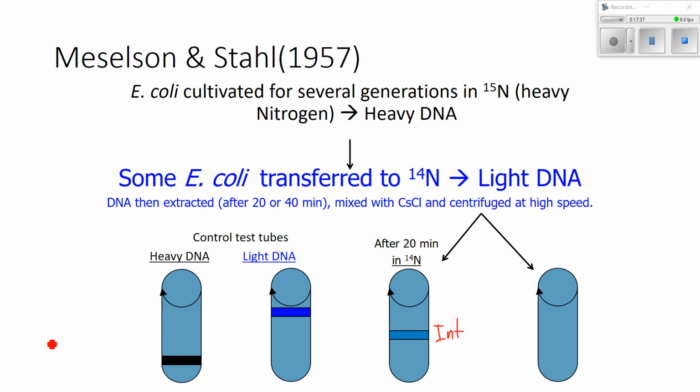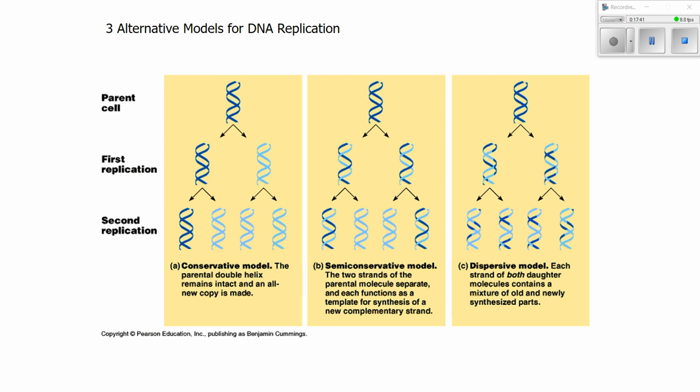Well, let's look at the picture again. Let's go back. Bear with me here. If the conservative model was correct, then half of the DNA should be heavy and should go to the bottom of the test tube. And half of the DNA should be light, and it should go to the top.